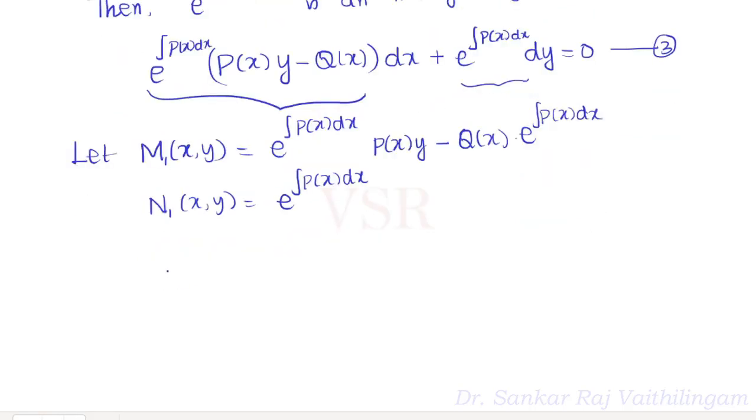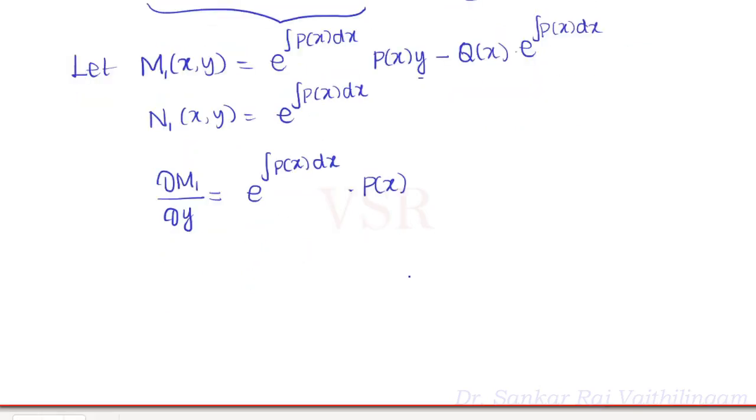Now let us calculate dou M1 divided by dou y, differentiating with respect to y. All of these are functions of x, and y is only in this place. So differentiating with respect to y, we will have e to the power integral of p of x dx into p of x. That is all we get. Now what is dou N1 divided by dou x?